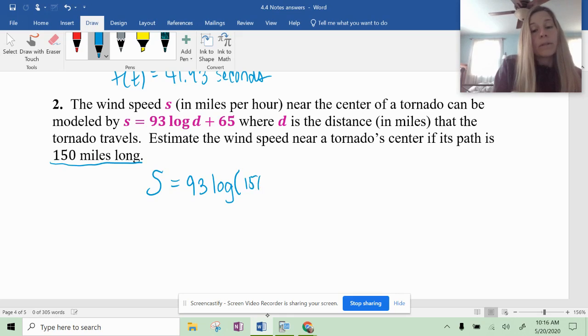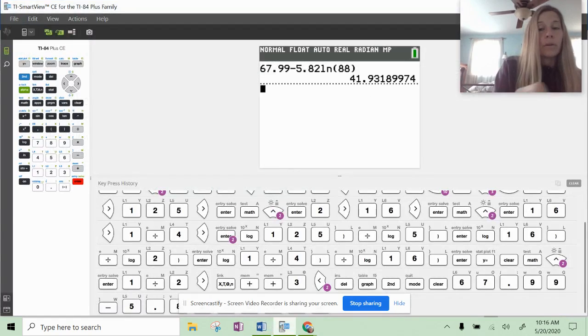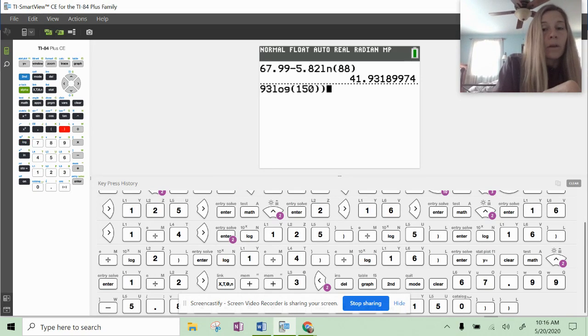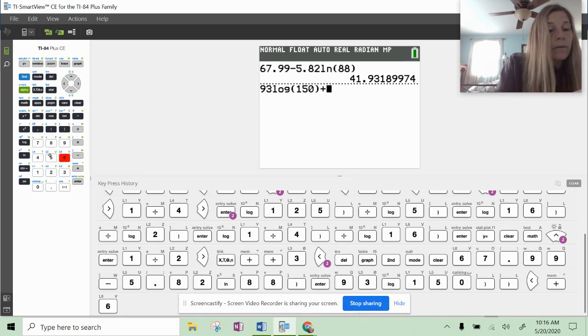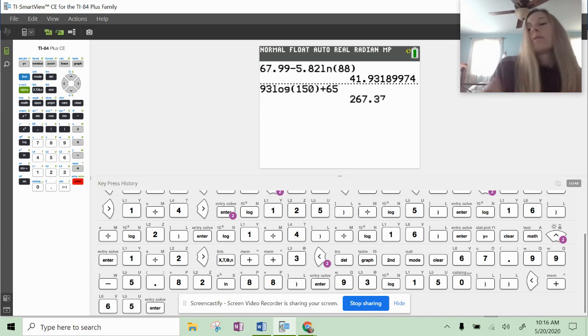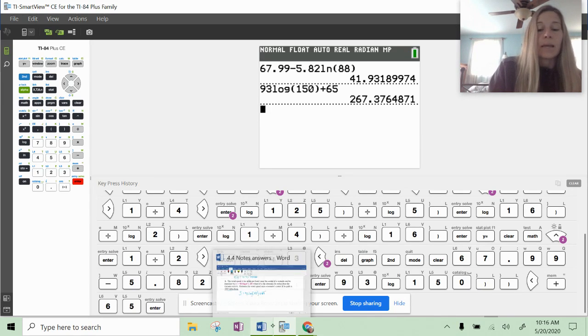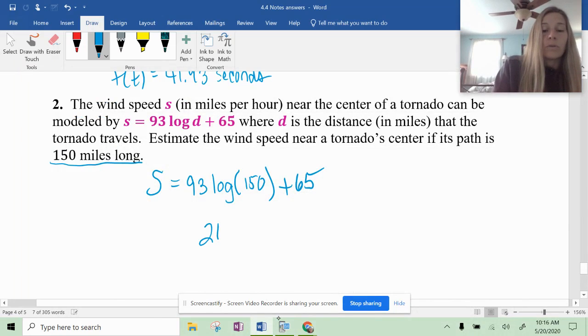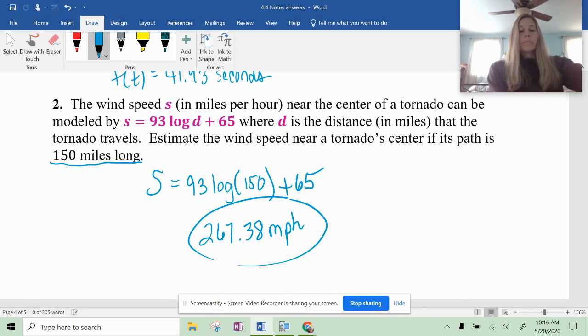So in the parentheses there for D, you're going to put 150. So on your calculator, you can put it all in at once. 93 log 150, plus 65. And you get 267.38, and that is going to be miles per hour.